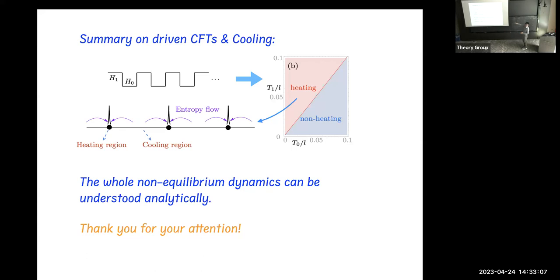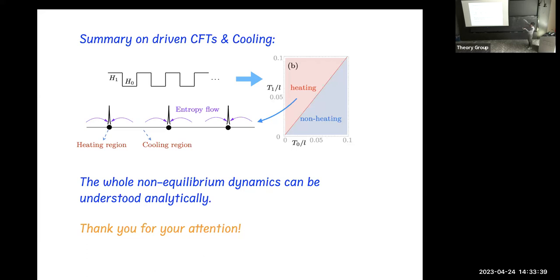Do you have some intuitive picture for why you get a non-heating phase in this system? What's special about it? There are several ways. One way is if you study the operator evolution, the operator will simply oscillate in the system, so everything will oscillate. You can also consider this question in the Fock space.